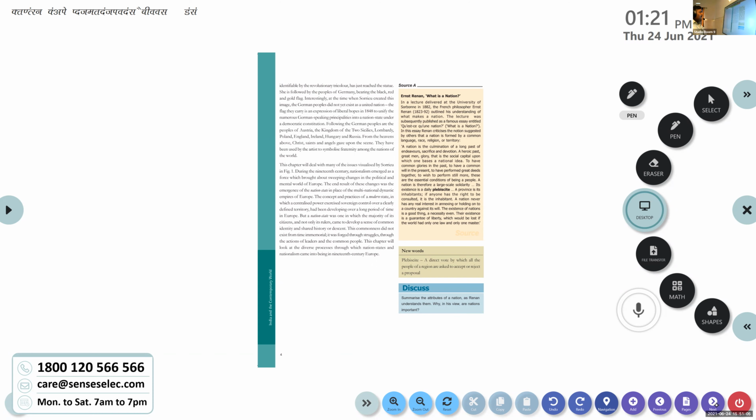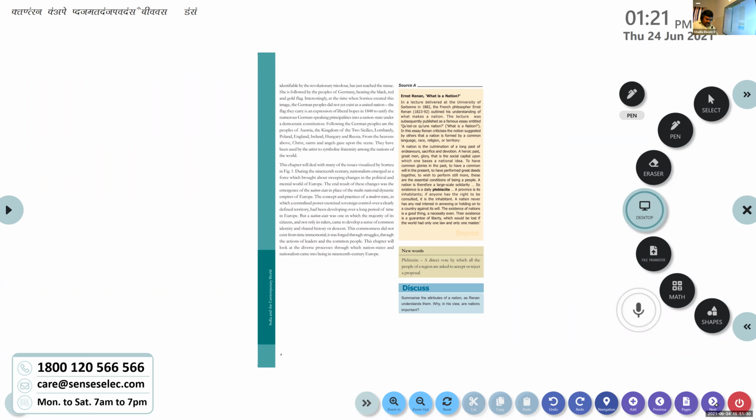Okay, coming to page number 4, the next page, you can see the second paragraph, right side. This chapter will deal with many of the issues visualized by Frederick Sorrieu. During the 19th century, nationalism emerged as a force which brought about sweeping changes in the political and mental world of Europe. Underline that. So what idea?